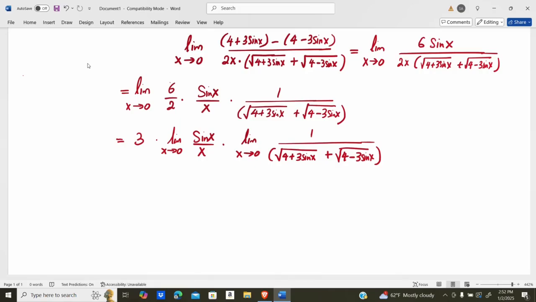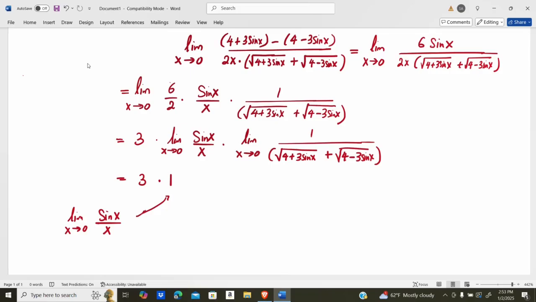Now, by definition, limit as x goes to 0 of sine x over x is just 1.